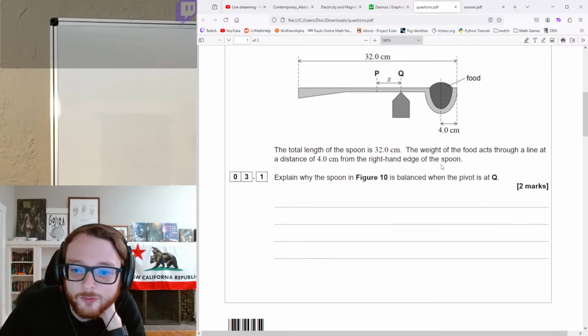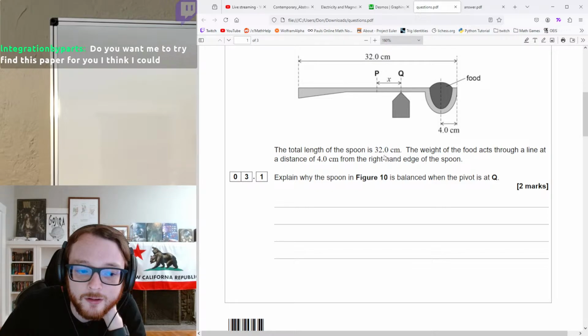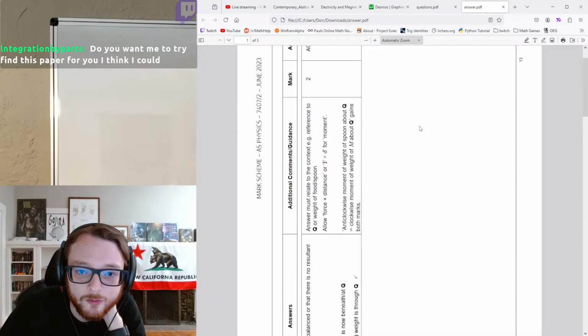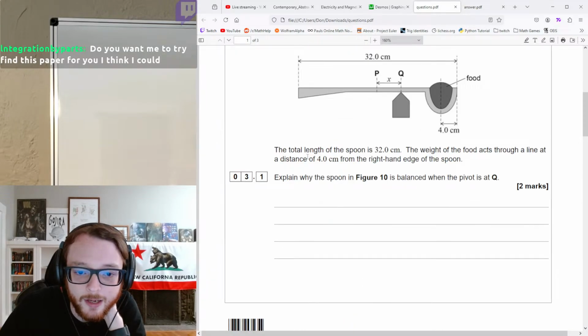Total length is 32 centimeters. Weight of the food x through a line. We already have the answer key, integration by parts, so I think we'll be okay with this.